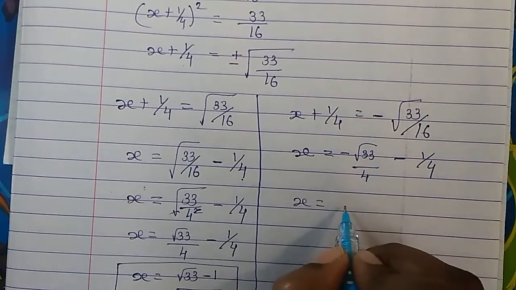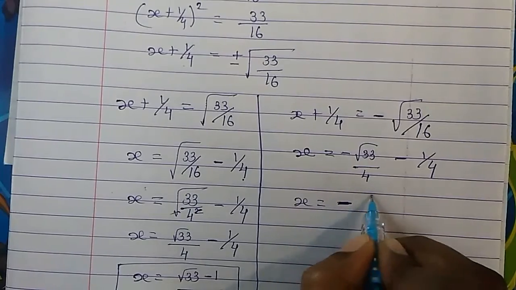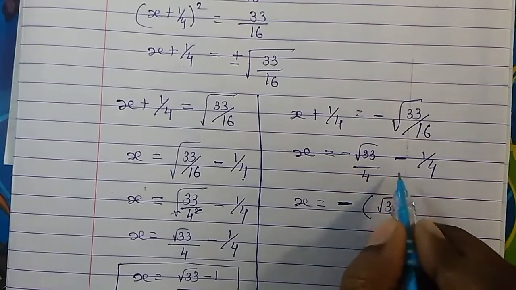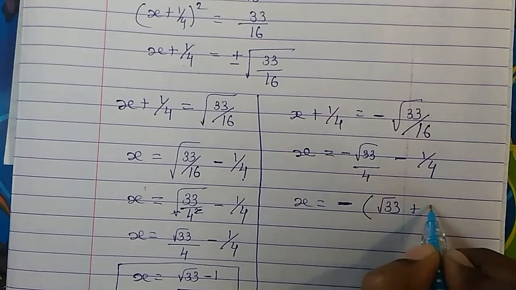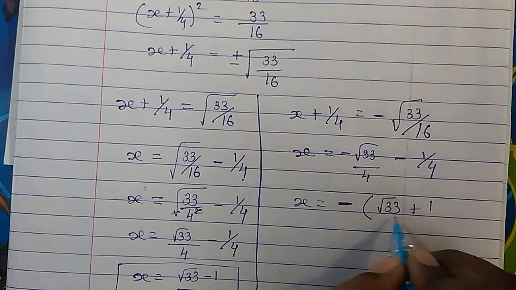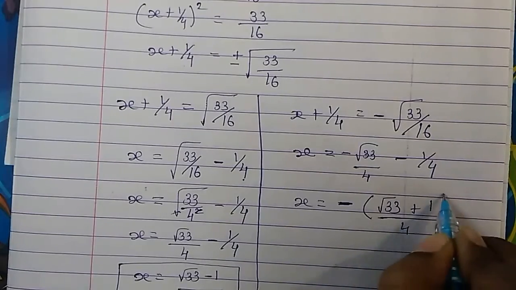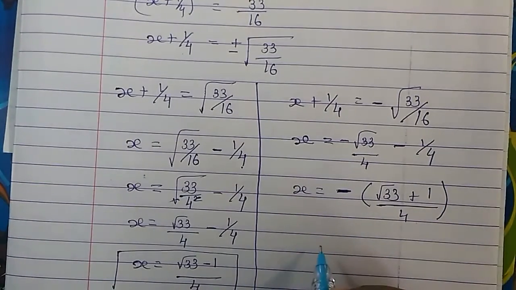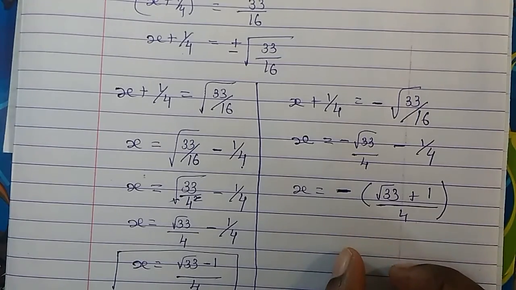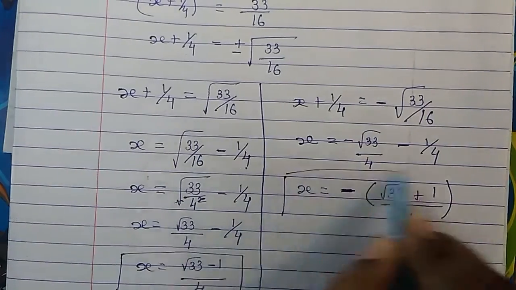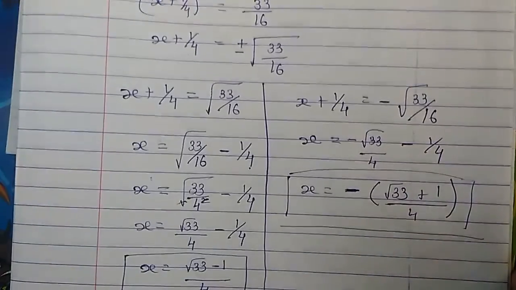Both sides have minus, which can be removed as a common factor, and then this will become plus. You can stop it here also, because we can't simplify further. So this will be your other root.